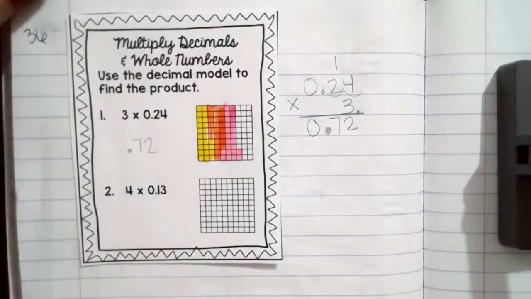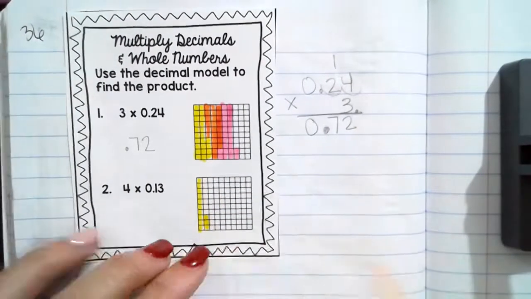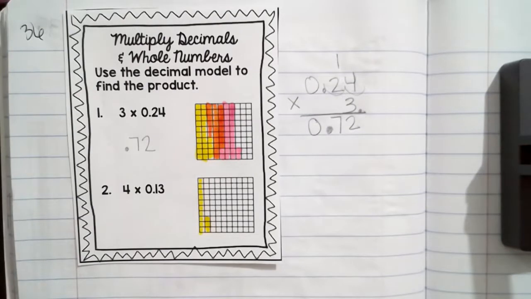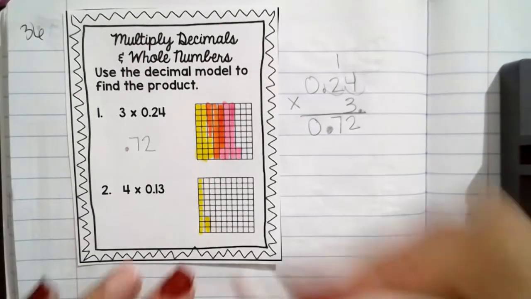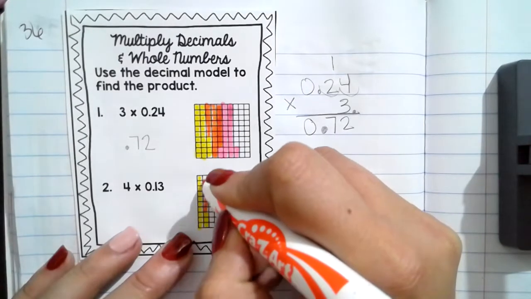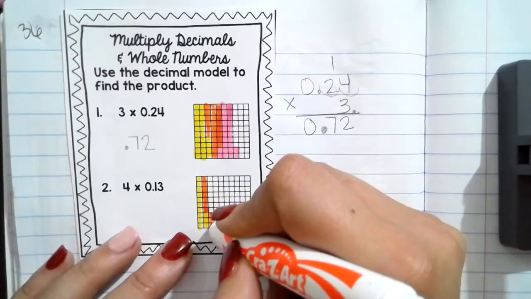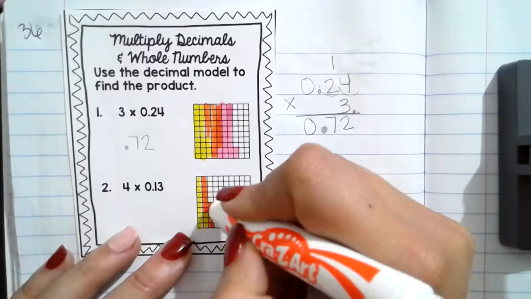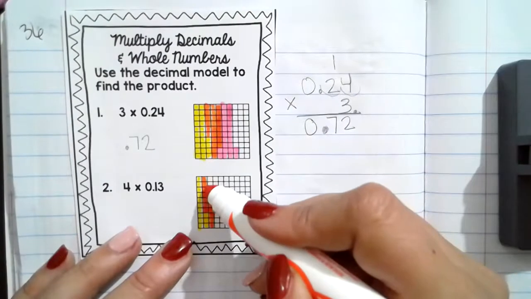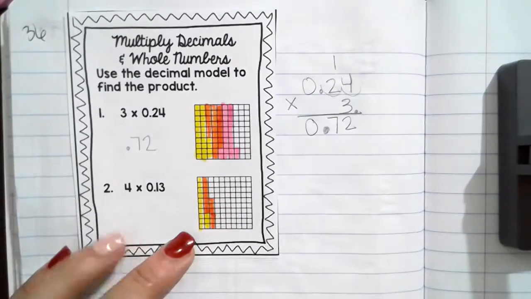Okay, let's look at the next one. 4 times 13 hundredths. So I gave you 13 cents, and I'm going to do that 4 times. I'm going to start with 10, 11, 12, 13. I colored in 13 pennies. Then I'm going to give you another 13, and there's 13 more.